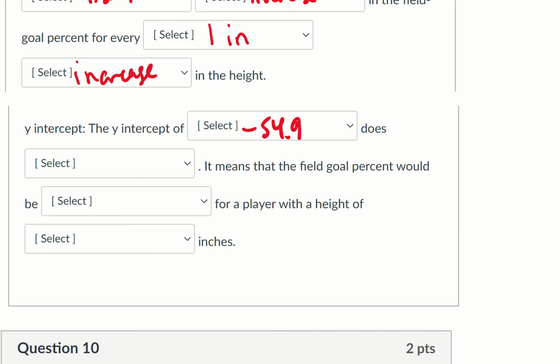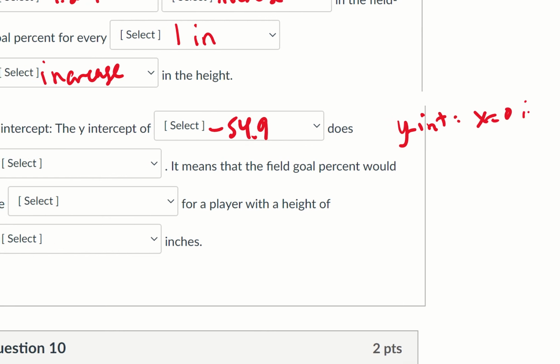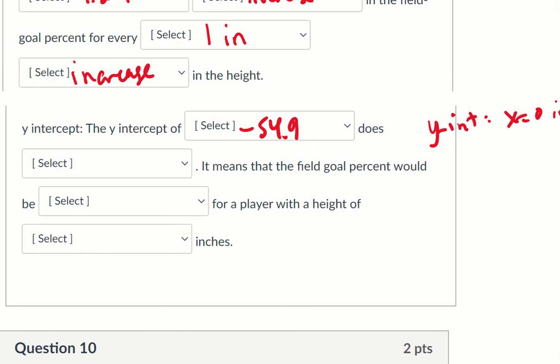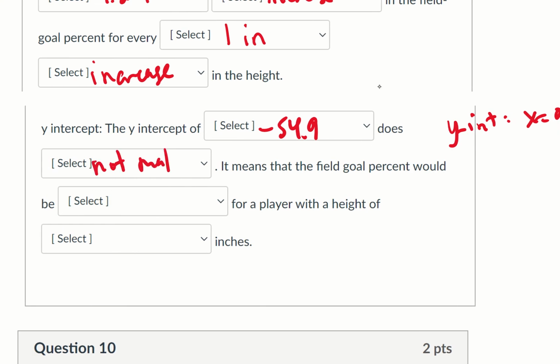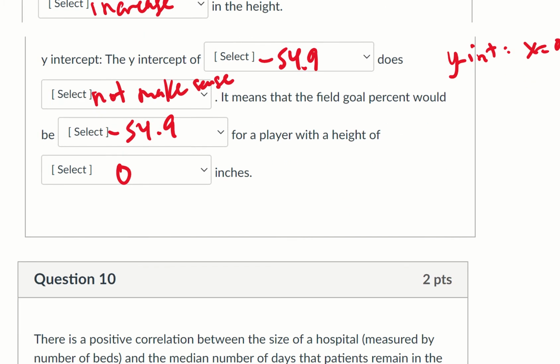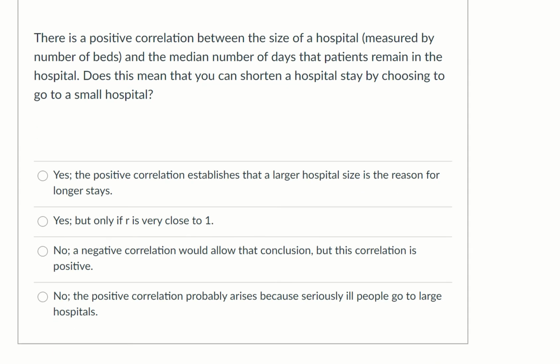Remember that the y-intercept is when x equals 0, which would be 0 inches. That means somebody alive who is 0 inches tall, which doesn't make sense. It means the field goal percentage would be negative 54.9 for a player with a height of 0 inches. Nonsensical.